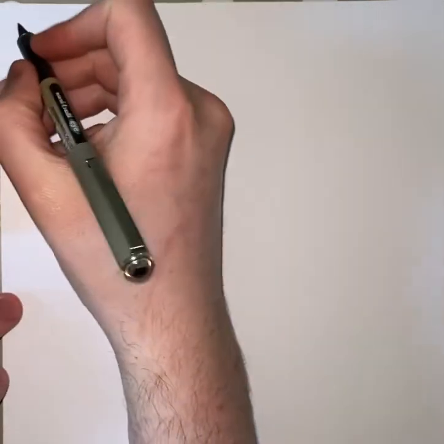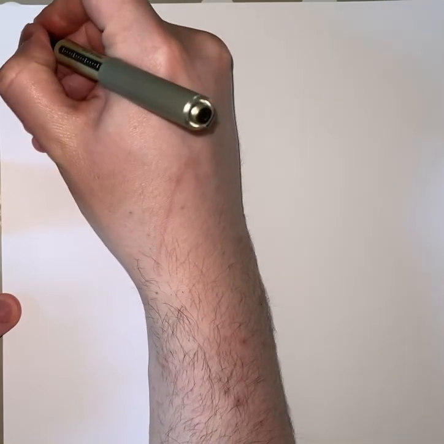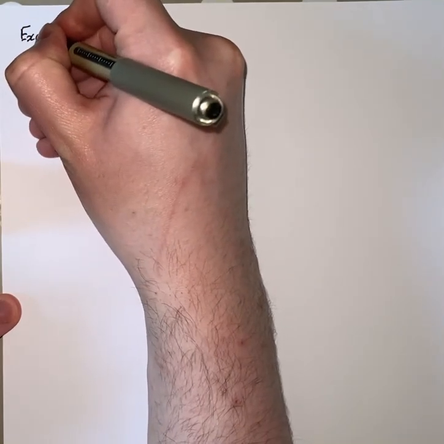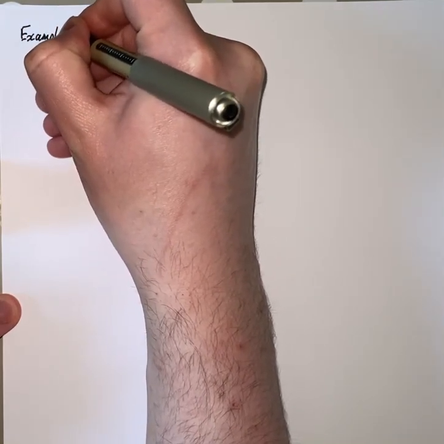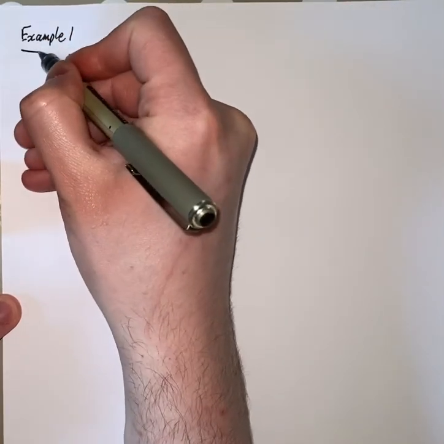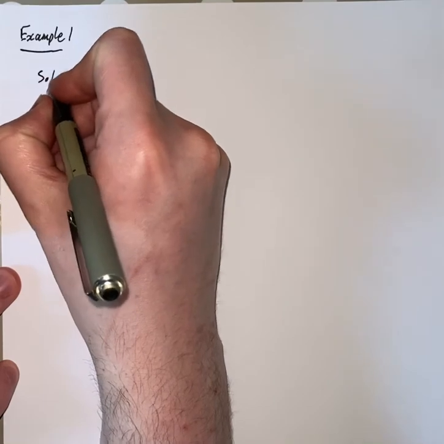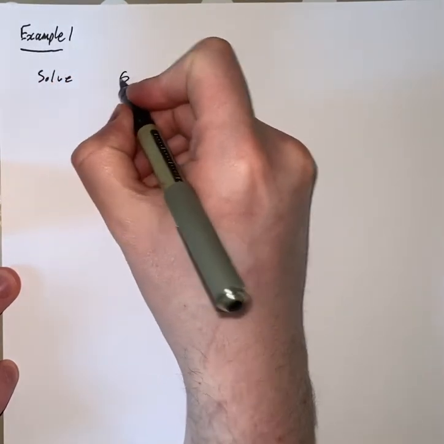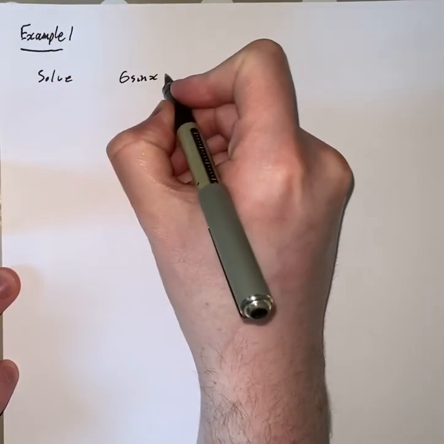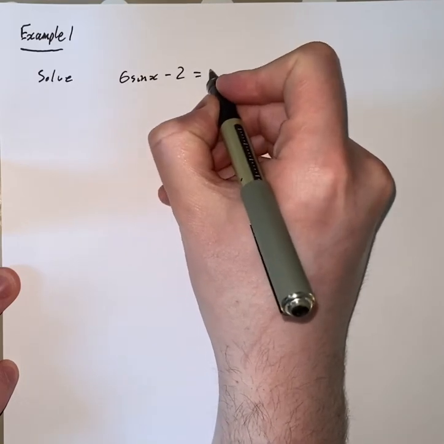answer. So what I'm going to do is work through the same examples as we did yesterday, but I'm going to show you how to find that second answer. So our example 1, solve 6 sine x minus 2 equals 1.